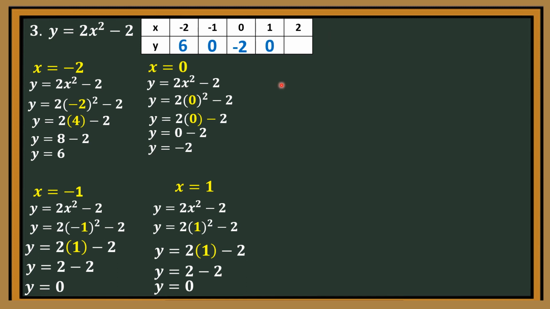And then, yung last, x is equal to positive 2. So, kapag ang x mo ay positive 2, what will be the value of y? Copy ulit natin ang original equation, and then substitution. So, eto na si positive 2. Palagi lang tandaan, kokopyahin lang ang equation, ang papalitan lang si x. And then, y is equal to 2 times 4 minus 2.